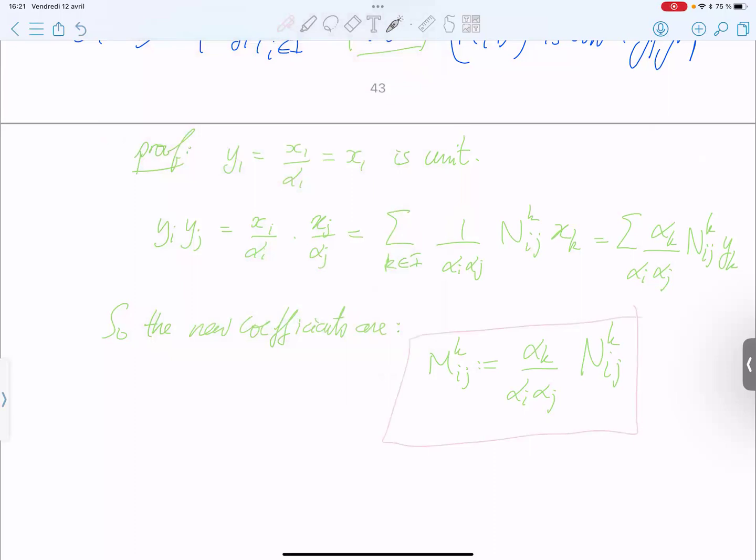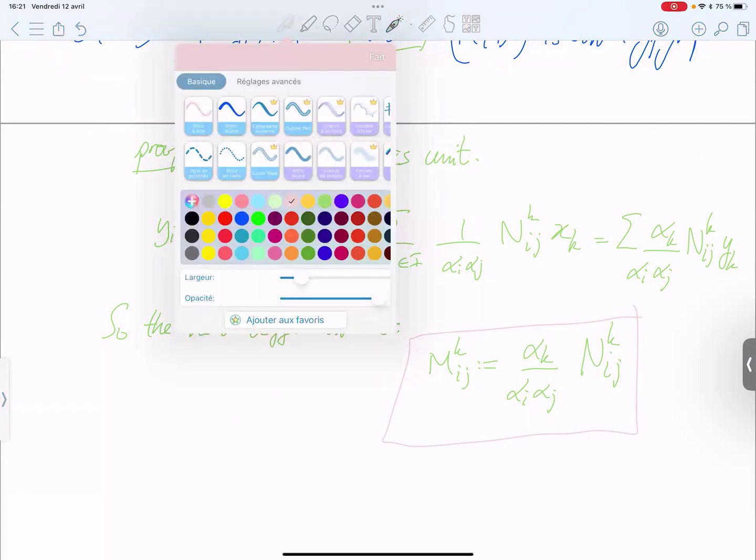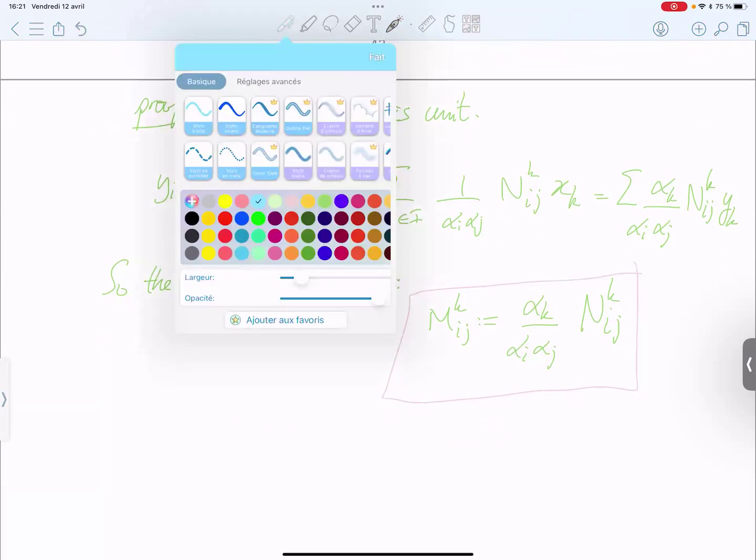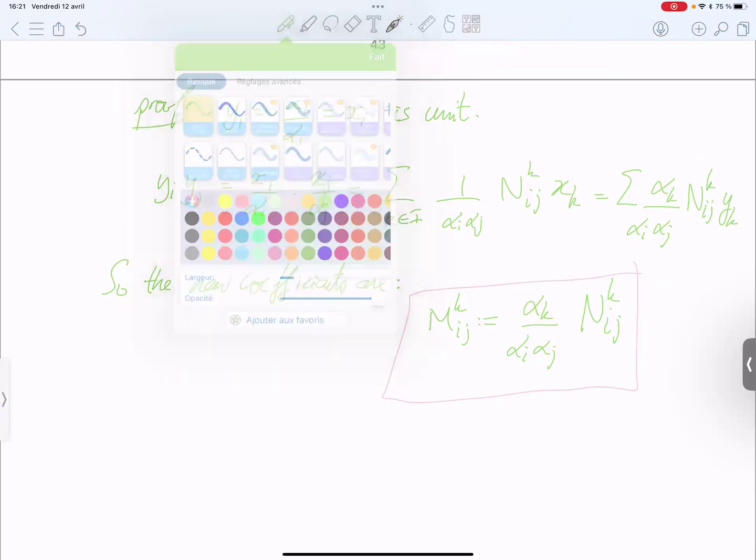But the problem is that I wanted to write n_ij^k prime, but it's not very good notation. Now, why is it a hypergroup?